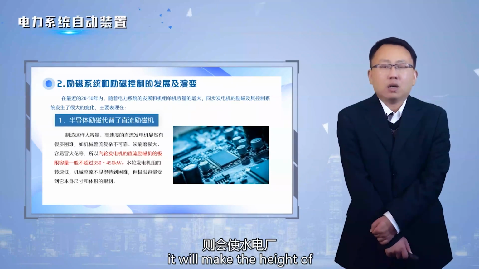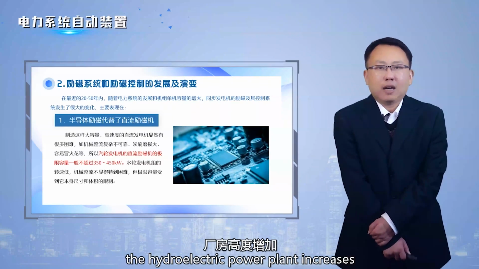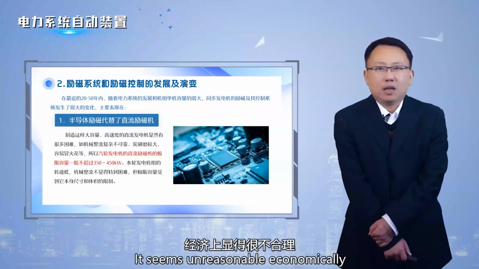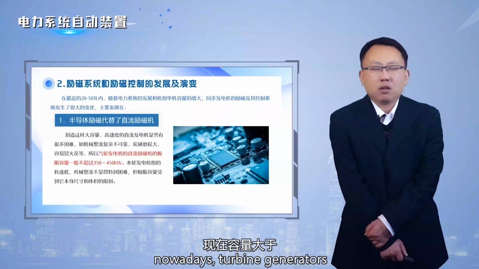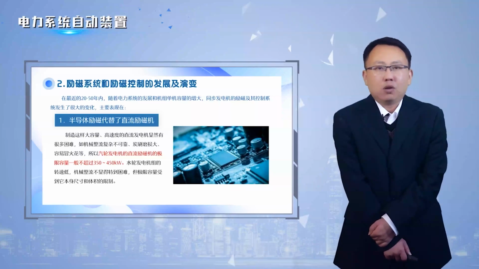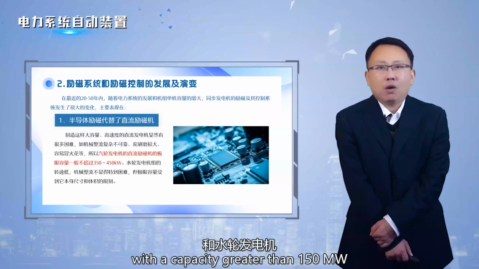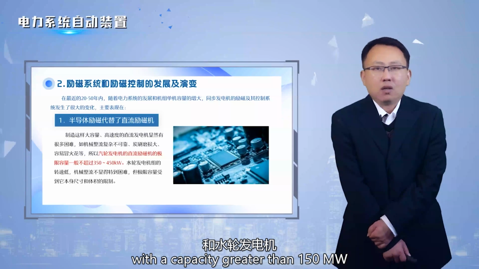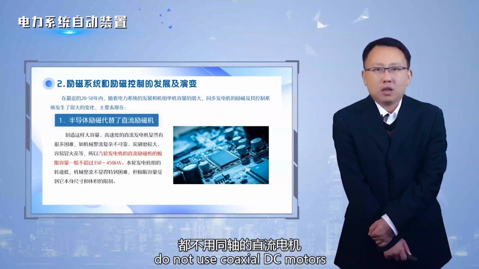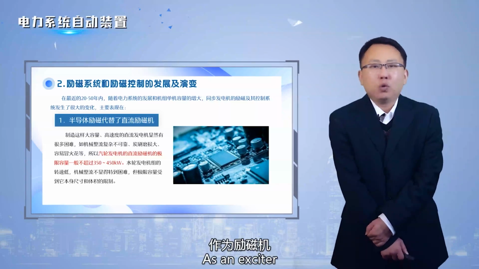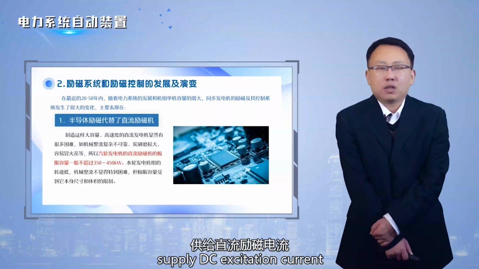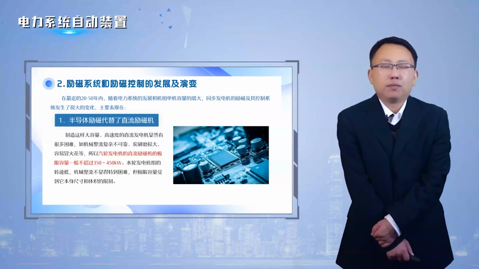It will make the height of the hydroelectric power plant increase. It seems unreasonable economically. Therefore, nowadays, turbine generators and hydro generators with a capacity greater than 150 megawatts do not use coaxial DC machines as exciters, almost all using semiconductor rectifier power supply for DC excitation current.